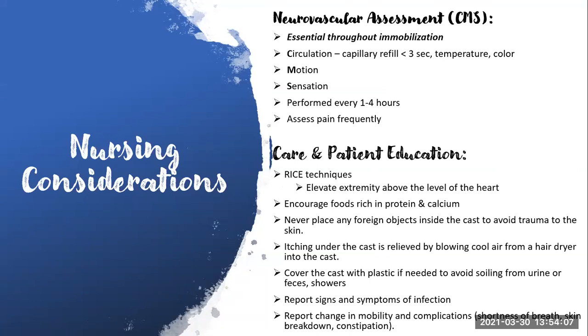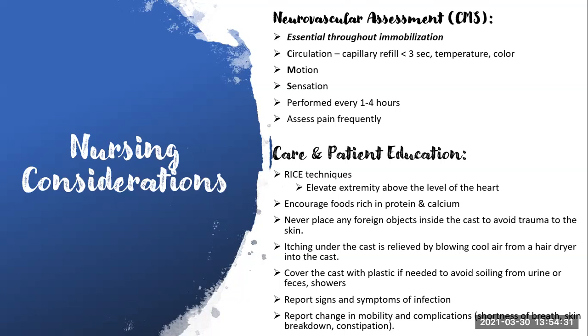Encourage foods to promote healing of the fractures. Never place foreign objects. You shouldn't be scratching inside the cast with any foreign objects. You can relieve itching by blowing cold air into the cast, but do not insert anything in there.